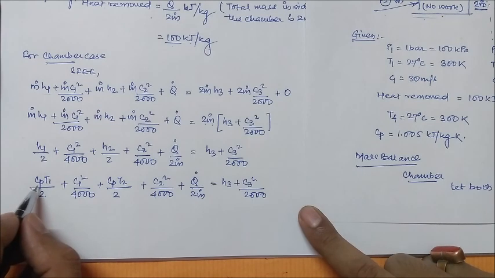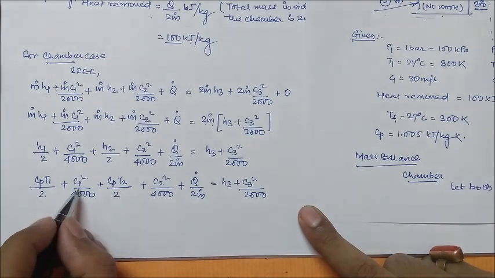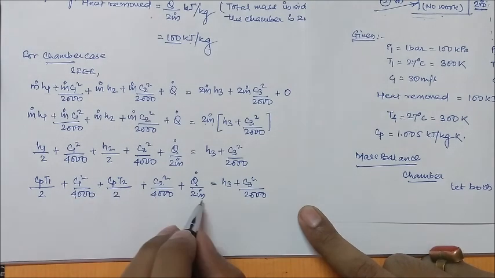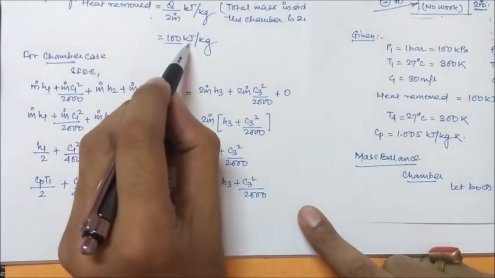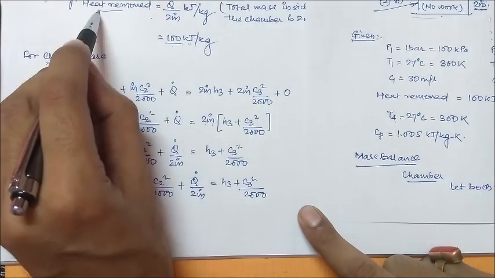Cp is given in the question, T1 is given, C1 is also given, T2 is also given, and we know that Q dot by 2 m dot is nothing but 100 kilojoule per kg, which is heat removed.